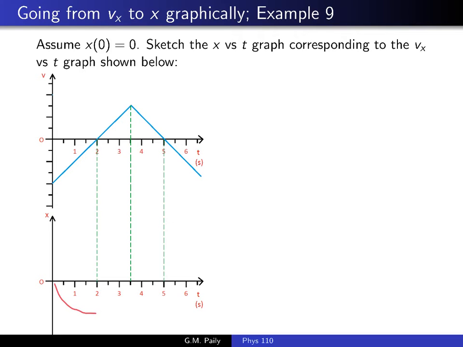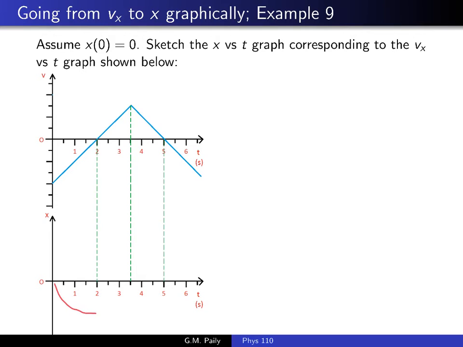In this second portion, we see that the velocity goes from being 0 to being positive. Again, the graph is linear, and so the graph in x versus t will be quadratic. It will start with a 0 slope and then become a steep positive slope. However, we notice that this positive area under the curve is a little less than this negative area under the curve.